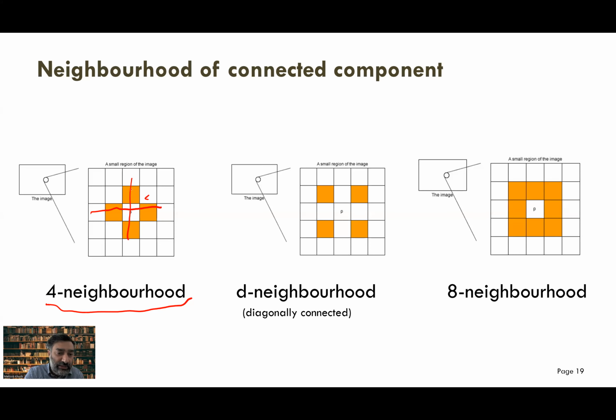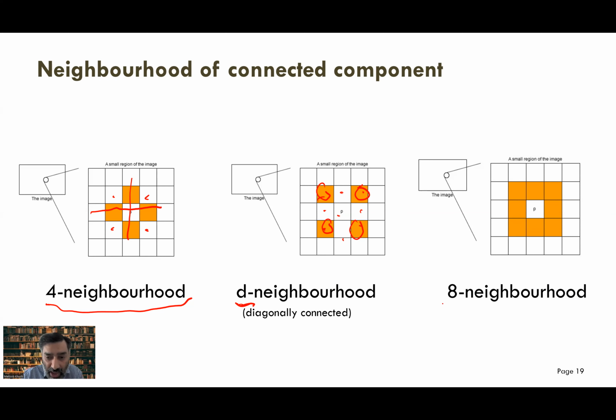So these pixels are not defined as the neighborhood because they are diagonal. If you say that I'm going to look at D neighborhood, that means you only look at the diagonal pixels to define the neighborhood. Now these orange pixels are neighboring to this pixel P, and these are not your neighbors, because we define the neighborhood based on diagonal.